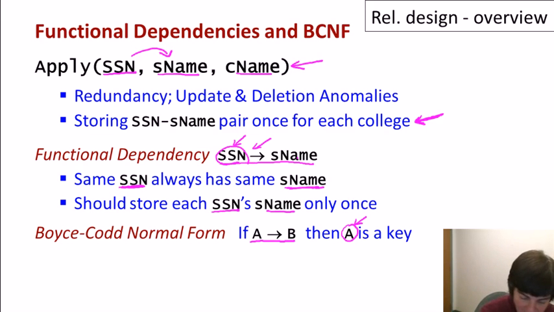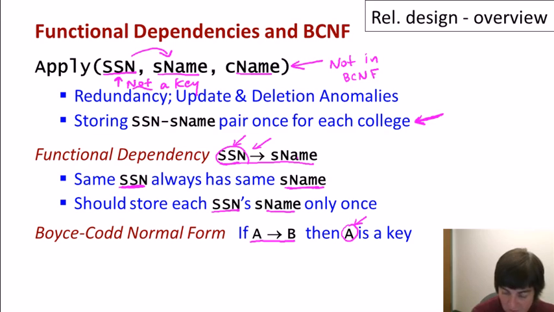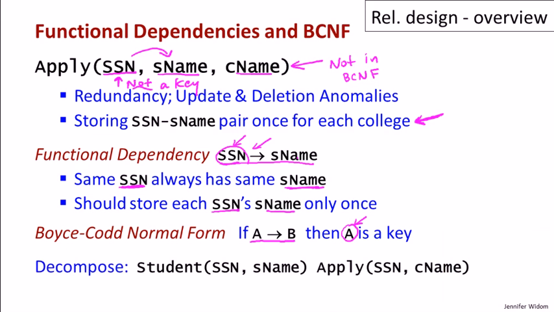Specifically, we can go back to our original relation. We have this functional dependency. Social security number here is not a key, right? So then we know that this is not in Boyce-Codd normal form. So we're going to use functional dependencies to help us decompose our relation so that the decomposed relations are in Boyce-Codd normal form. And here's what would happen in this example.